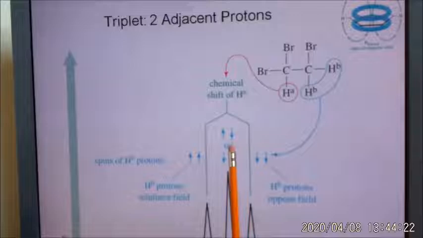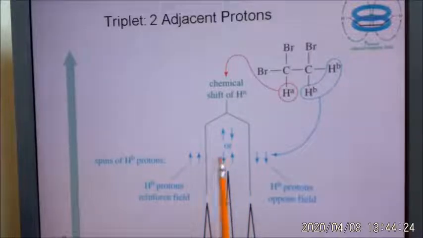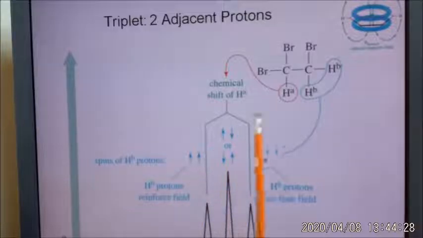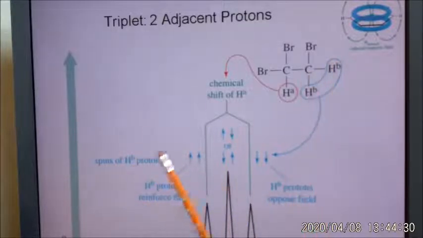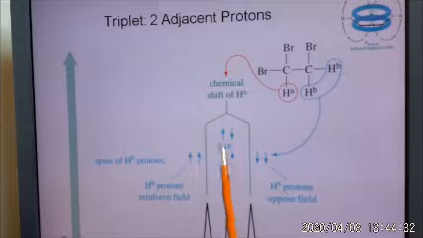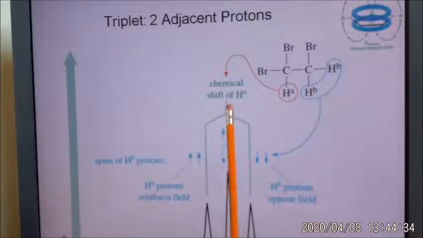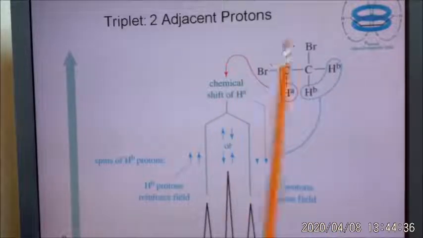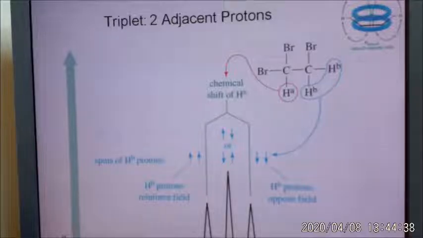If both reinforce the field, then it goes upfield. What's interesting is one could be opposing and one could be reinforcing. These are equivalent, and so the influence there actually keeps it right here, in the center.